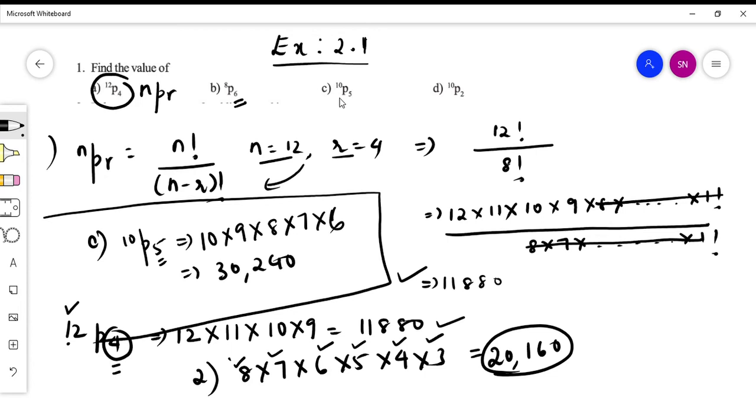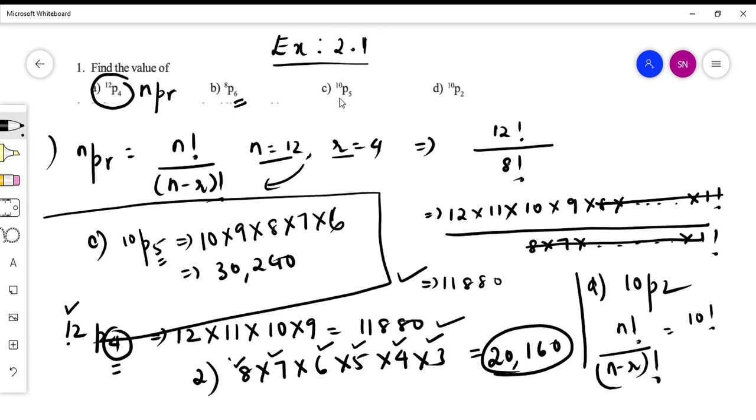Yes. Now coming to the last question, D part. I have 10P2. Okay, using formula method, what will be nPr? n factorial divided by (n minus r) factorial. So n factorial is 10 factorial divided by n minus r, which is 10 minus 2, equal to 8 factorial.